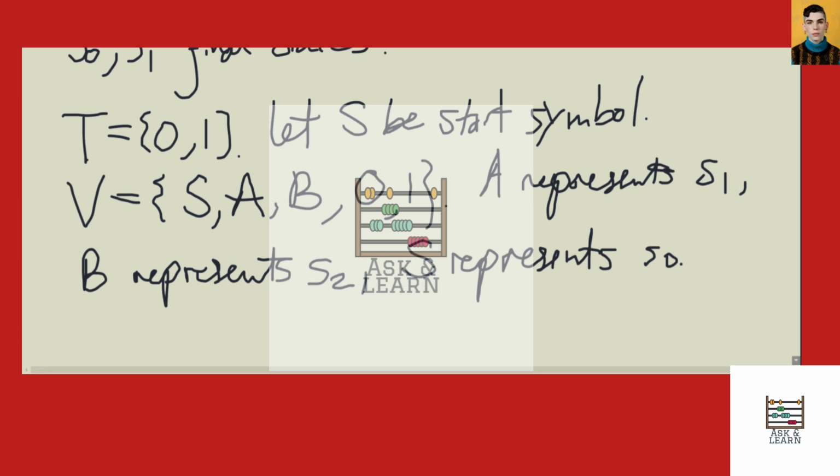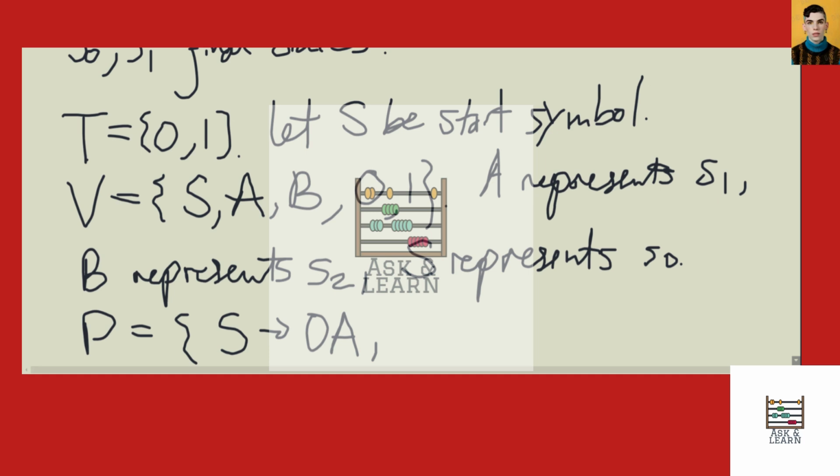So for example, we see that there is an arrow from state S0 to state S1 with a label of 0, and therefore from this we obtain the production S can be replaced by 0A.